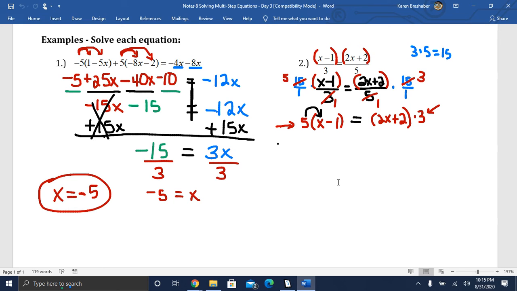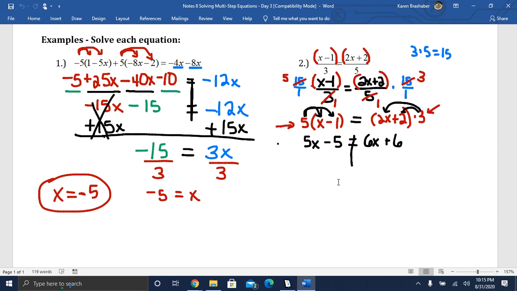So the 5 times the x would be 5x, and the 5 times the negative 1 would be negative 5. We'll set that equal. Now this time my 3 is in the back, but I'm still going to distribute. So 3 times 2x, that would be 6x, and 3 times 2, and that would give me a 6. And so I want to get my x's on one side.